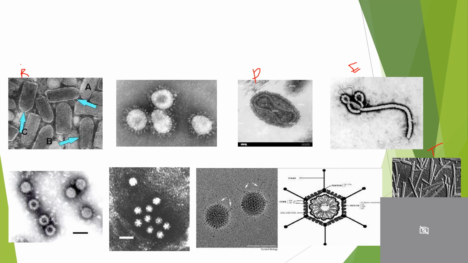Then is your astrovirus. Okay, then coming on to which one is left? This one. This one is your coronavirus, which has petal shaped peplomers around it. And this is the same one. Okay, so these are all the viruses.